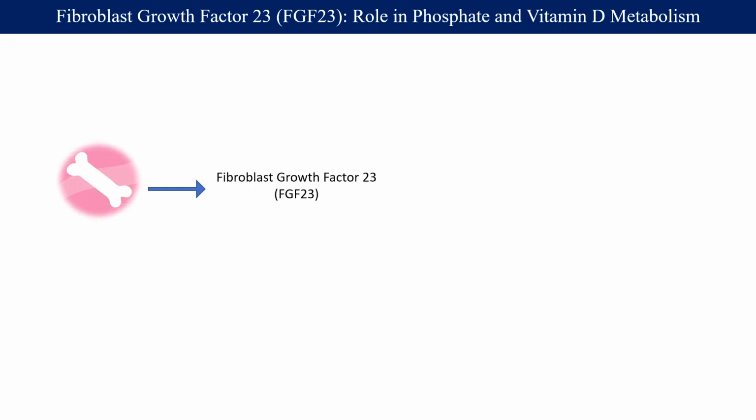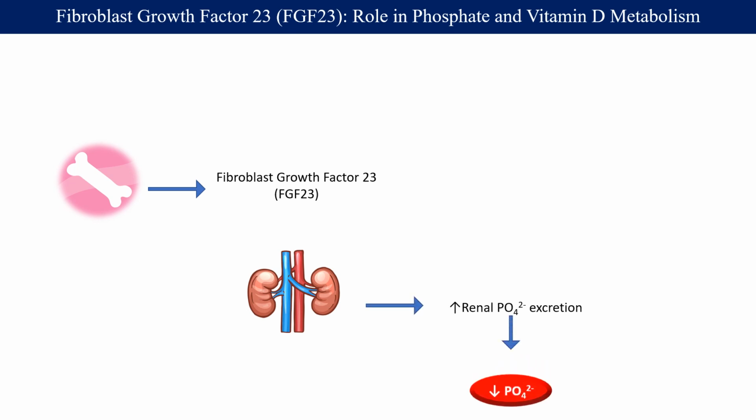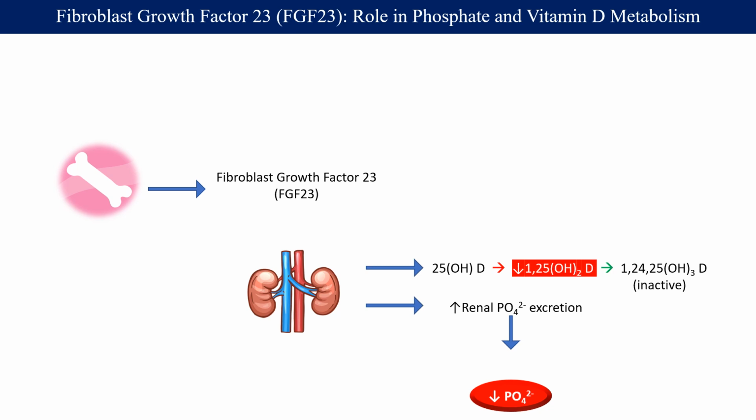FGF23 is a bone-derived hormone that acts on the kidneys to induce phosphate excretion. FGF23 also reduces blood level of the active 1,25 vitamin D by inhibiting 1-alpha hydroxylase, the enzyme that converts vitamin D25 to 1,25, while stimulating 24-hydroxylase, the enzyme that inactivates 1,25D to 24,25D.